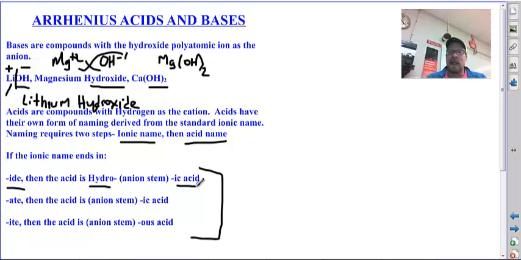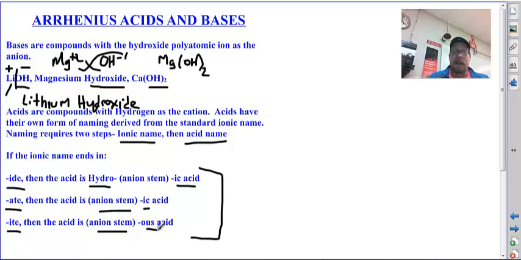So it's got a prefix and a suffix with the word acid. If it's hydrogen with a ternary polyatomic, then it's going to end in AT or IT. If it's AT, then it's whatever the anion is with an ic suffix. If it's an IT ending, then it's whatever the anion is with an ous ending.